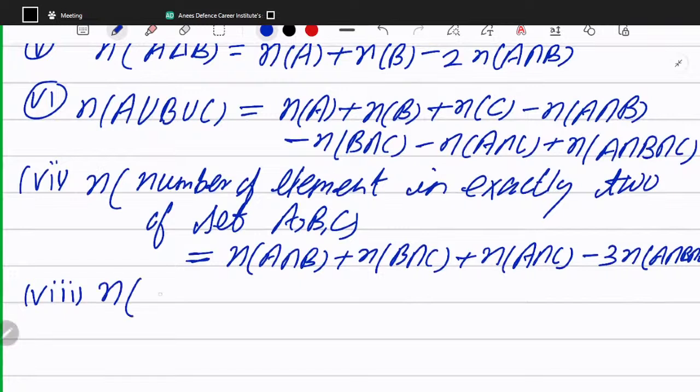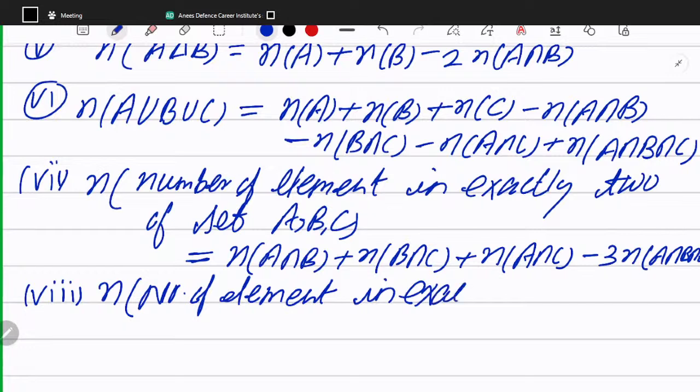Now the next one is number of elements in exactly one of the sets A, B and C.